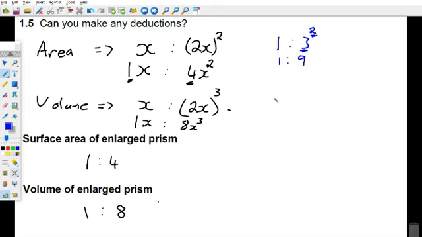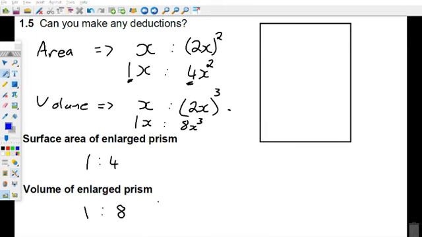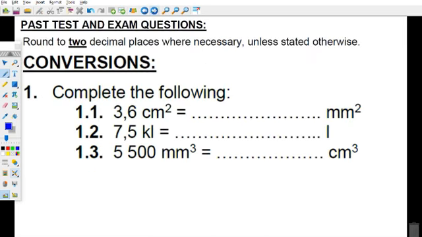For volume, it's cubed, so the volume is going to increase by 27. They all range in proportion to each other, but we don't do that here. We just double the dimensions. So for the surface area of the enlarged prism it's 1 to 4, and the volume of the enlarged prism is 1 to 8.